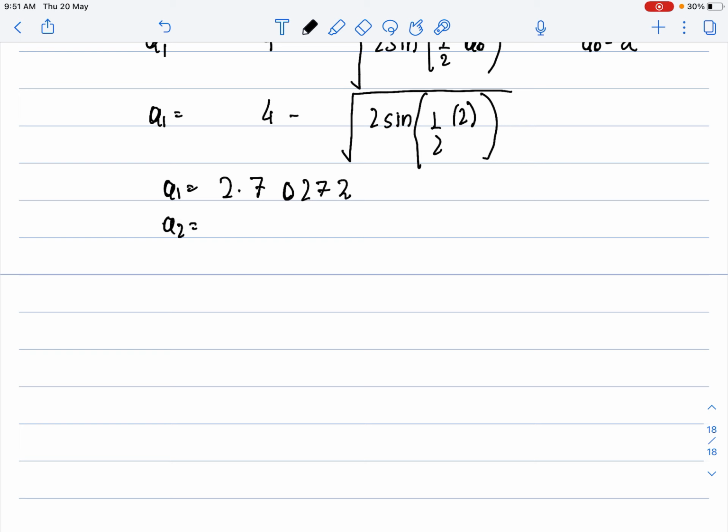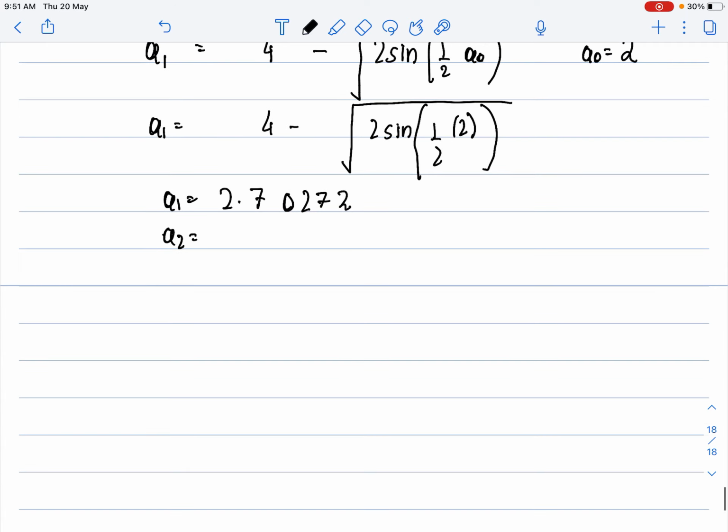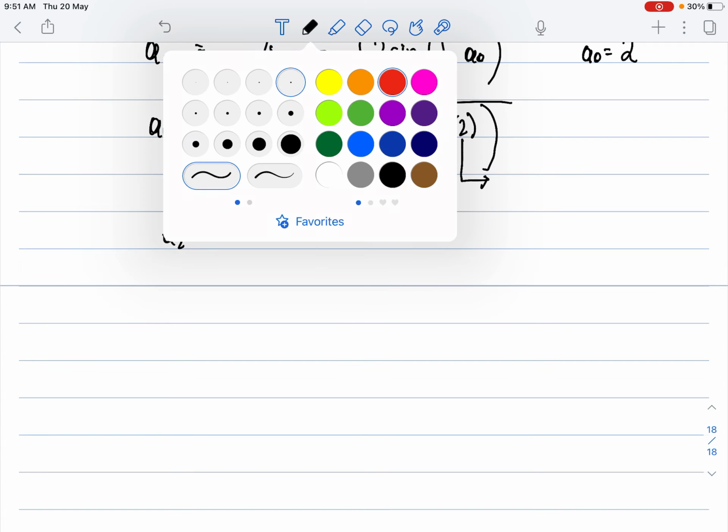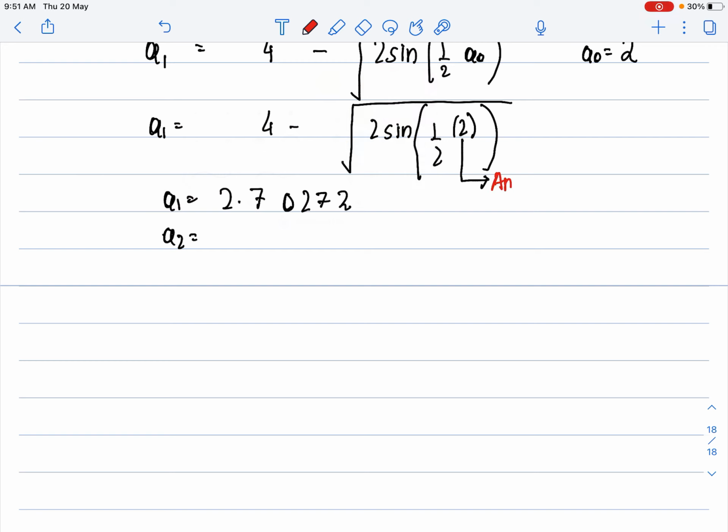Now for a2, where you have written 2, just remove the 2 and click on the answer button. Just do that much. When you click on equal to, the value you get is 2.60285. Now for a3, just click on equal to. So you get 2.61152.